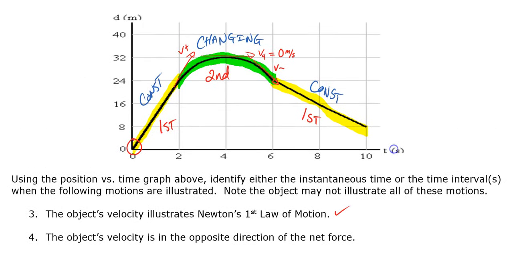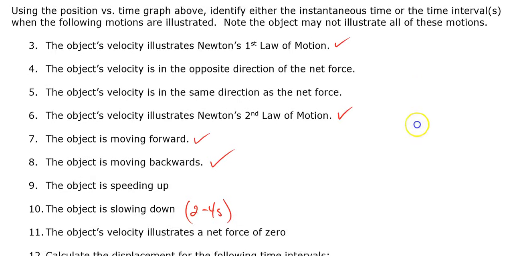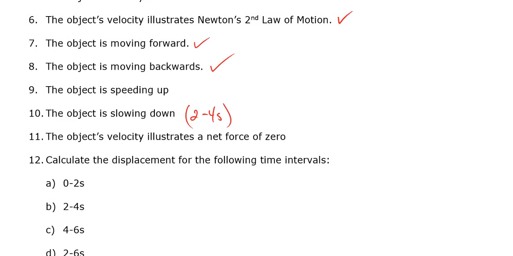So we actually saw the object speeding up between 4 and 6 seconds. So speeding up means the velocity is going away from 0. And it could be going in the positive direction or the negative direction. Okay, so those two are a little bit trickier, but let's go ahead and check those off.